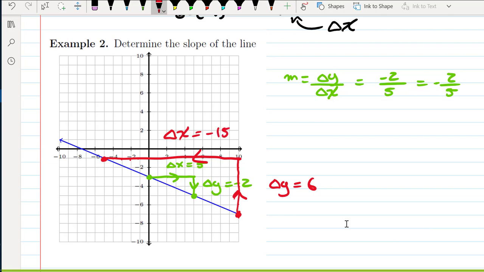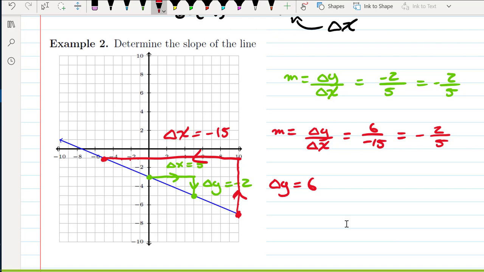So my change in x would be -15. Then my slope, m, would be my change in y divided by my change in x, which is +6 over -15. Each of those are divisible by 3, so that would be 2 over 5, and it would be negative. So notice, whichever points I pick, I will always end up with the same slope.